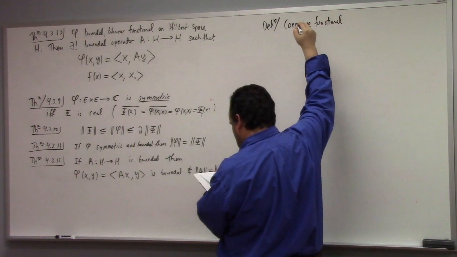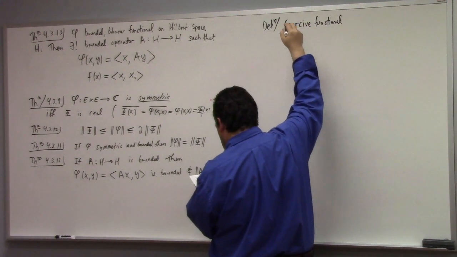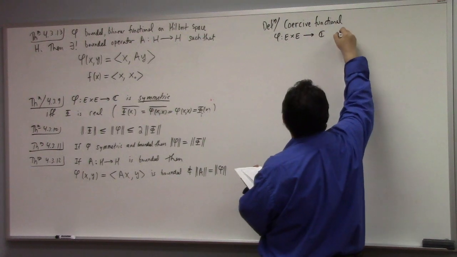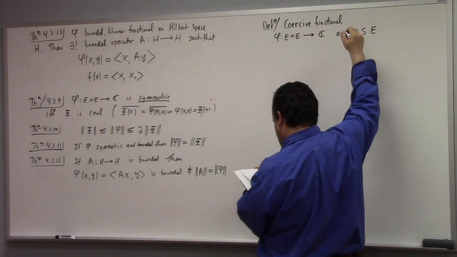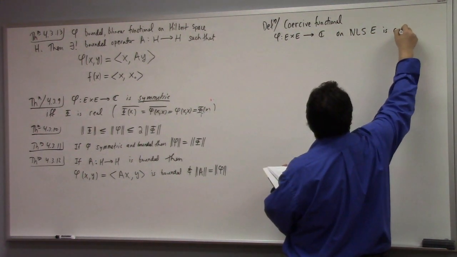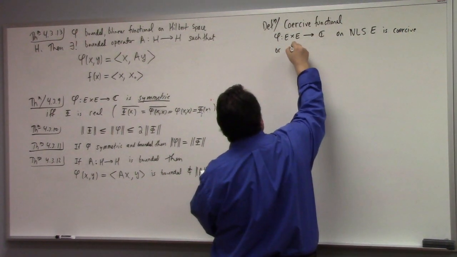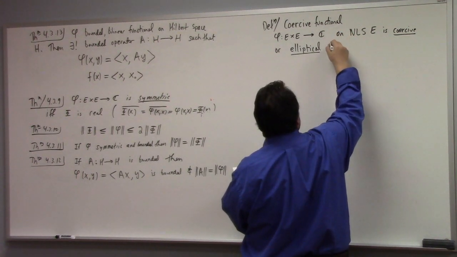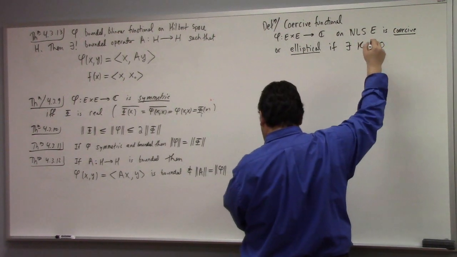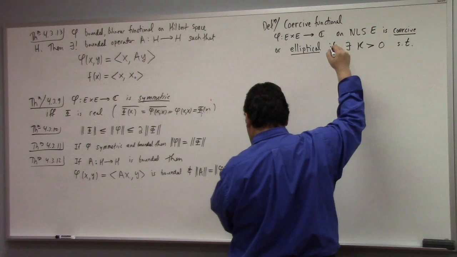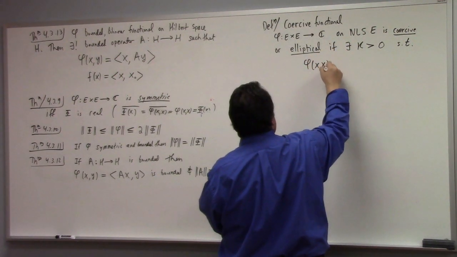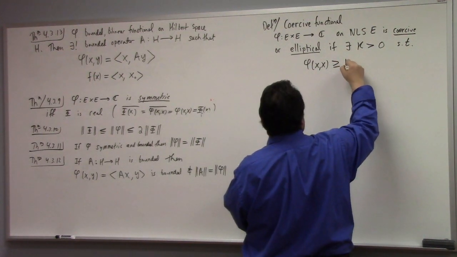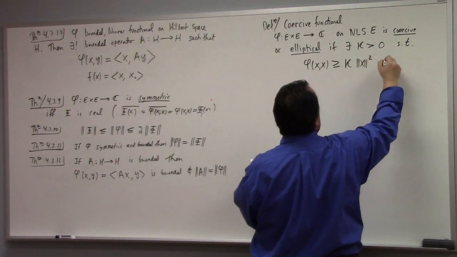So, a coercive functional: you have a bilinear functional phi on a normed space E, so let's say phi from E cross E to C. It is coercive or elliptic if there exists a positive constant k such that phi of x,x is greater than or equal to k times the norm of x squared for all x in E.